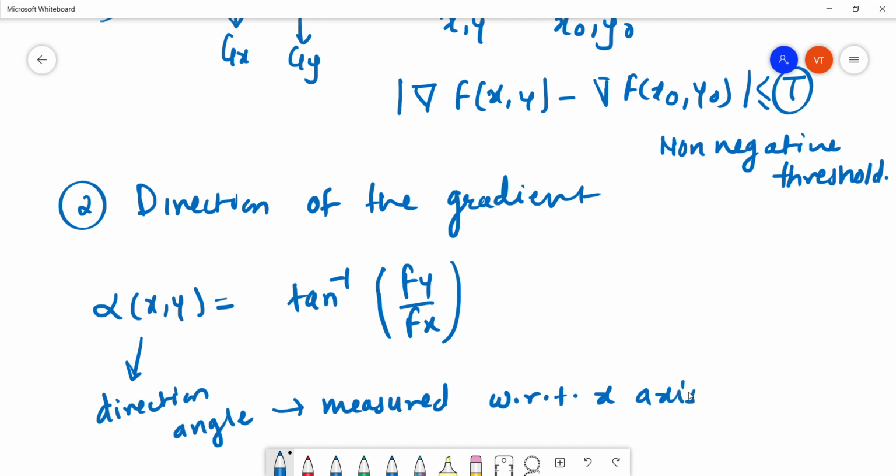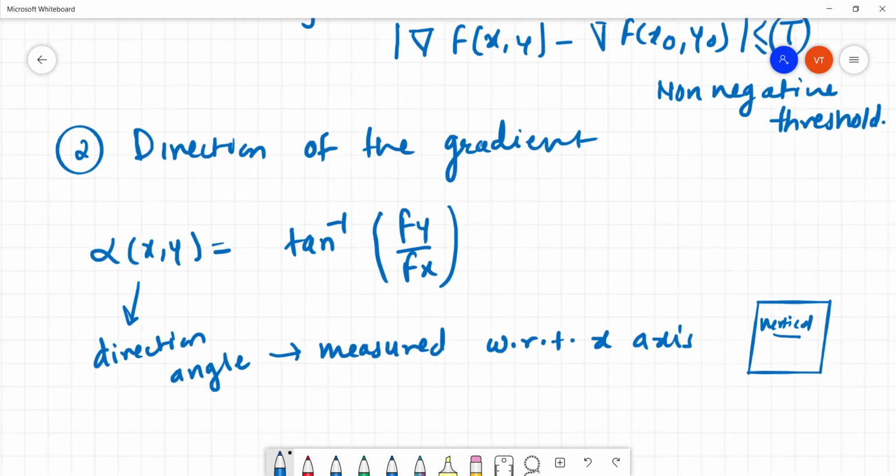The direction of an edge at x comma y is perpendicular to the direction of the gradient vector at that point. Suppose this is an image having a horizontal line. Gradient will be in which direction? For a horizontal line, gradient is a difference, so gradient will be in the vertical direction, right?